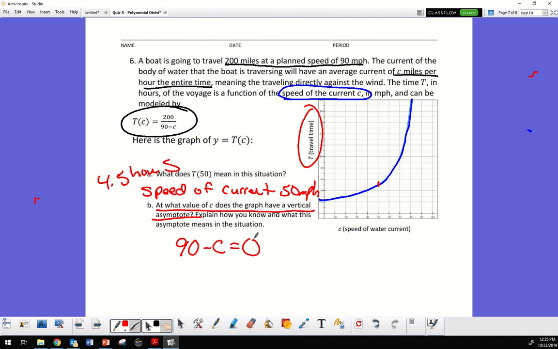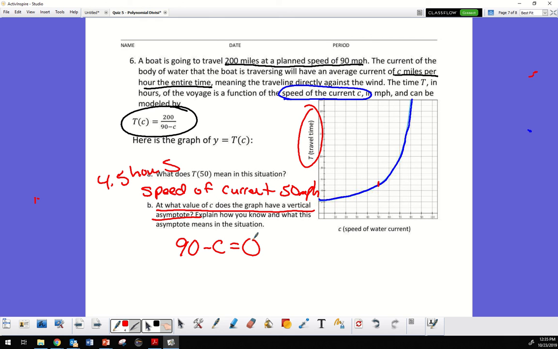Oh, yeah, I had you guys write it right there. So that's a vertical asymptote right there. So now, I'm going to know where my vertical asymptote is going to be. So what do I do to solve for it? How about add c? Because this is minus c, isn't it?